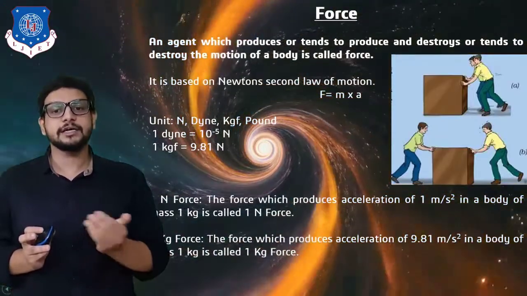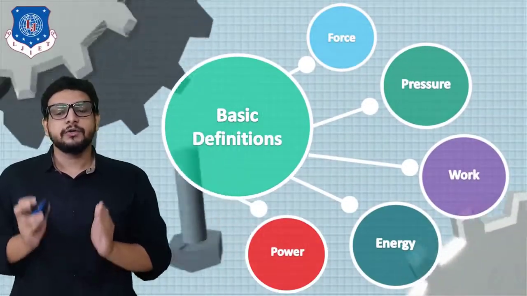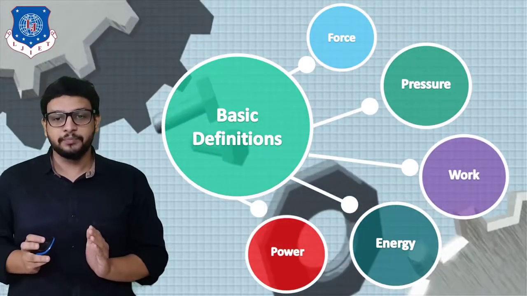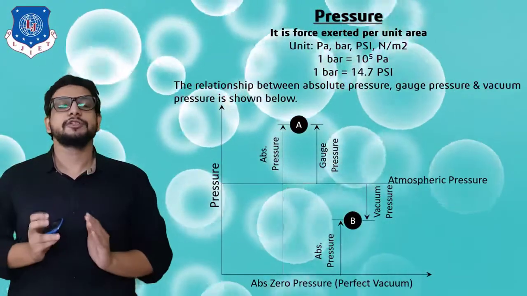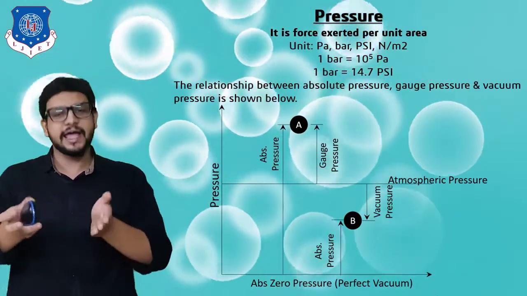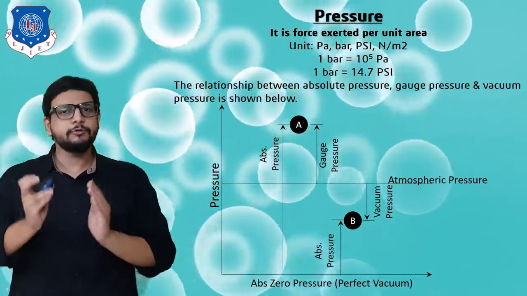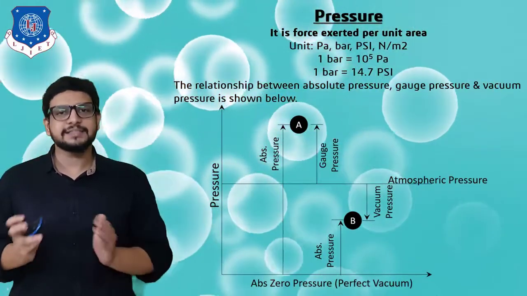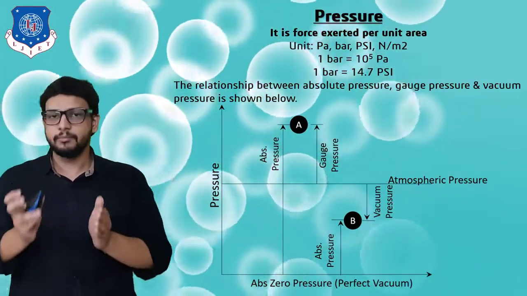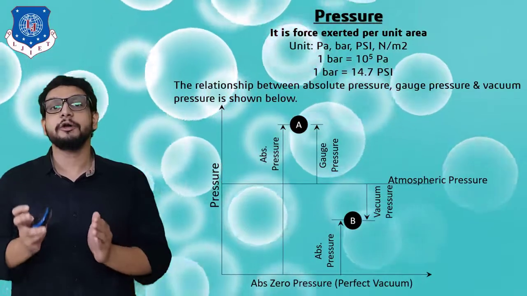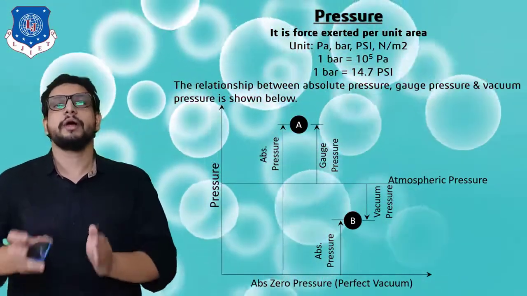Next term we are going to see is pressure. Now we know the basic definition of pressure: it is force exerted on a body per unit area. The unit of pressure we take is Pascal, then another unit is bar, and a new unit you are going to see is pound per square inch.